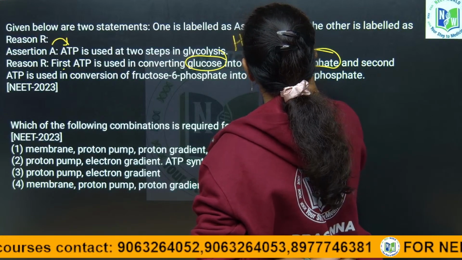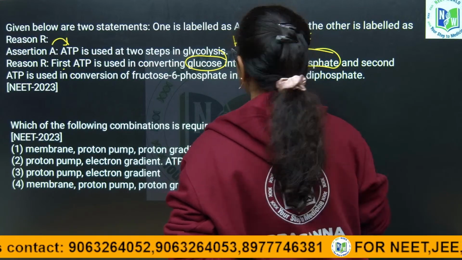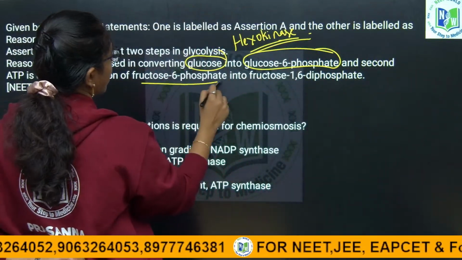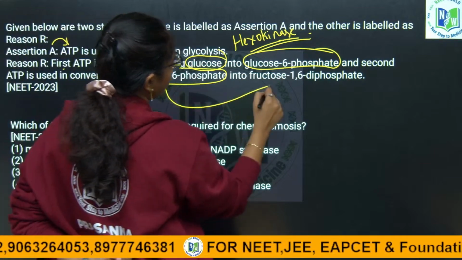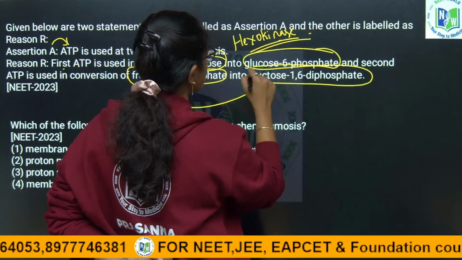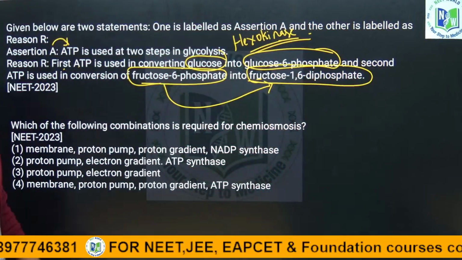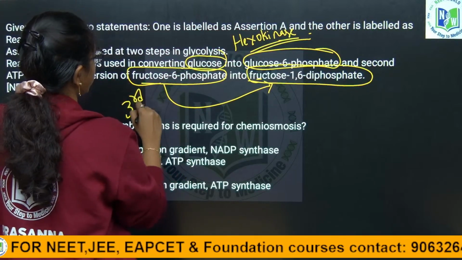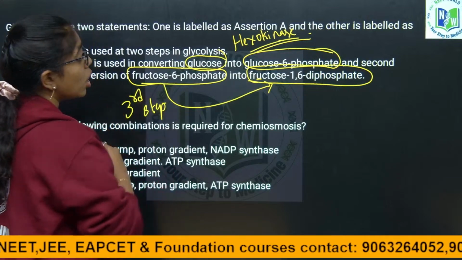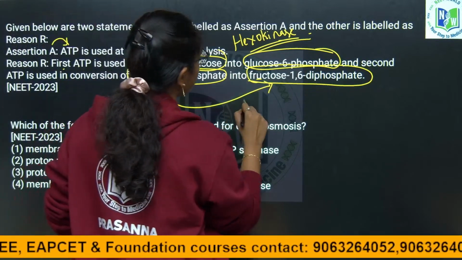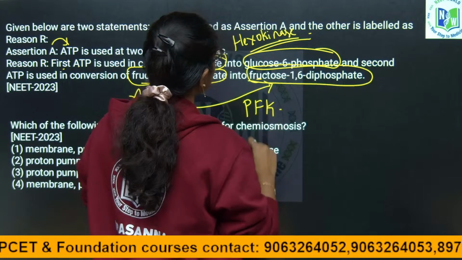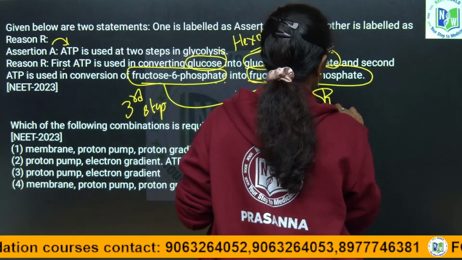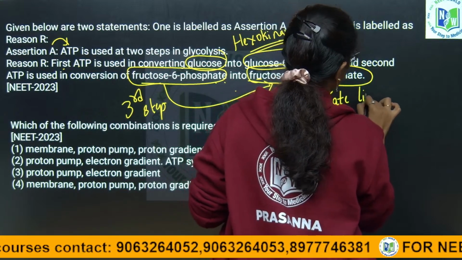The second ATP is used for the conversion of fructose 6 phosphate to fructose 1,6 bisphosphate, the third step of glycolysis, mediated by the enzyme phosphofructokinase. This step is called the rate limiting step.